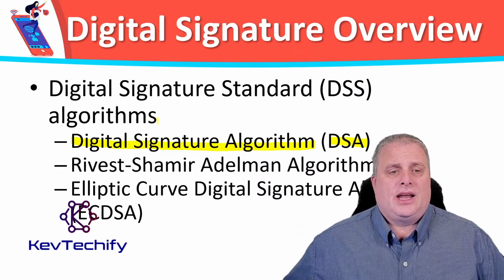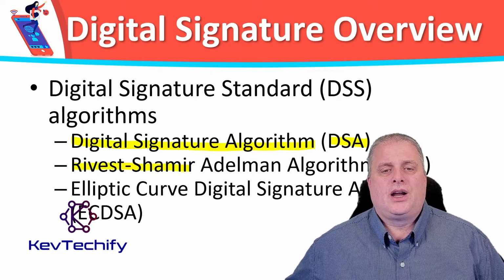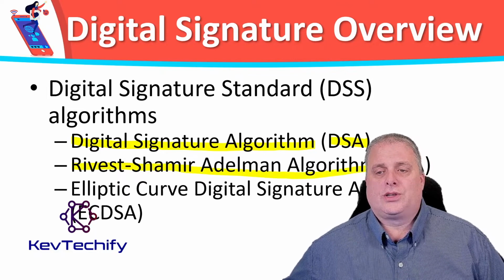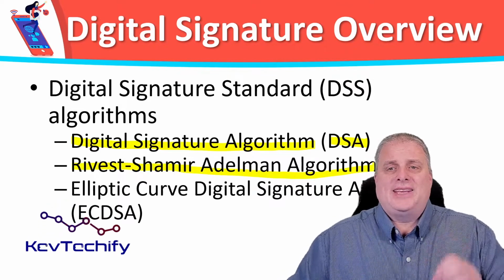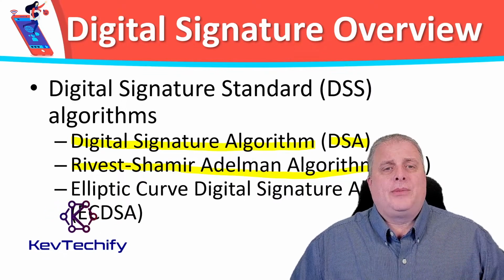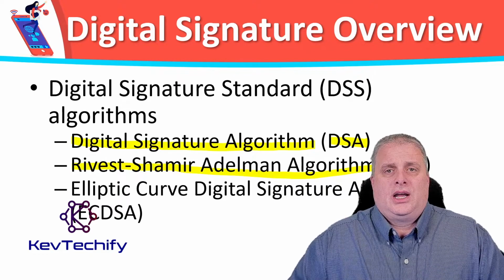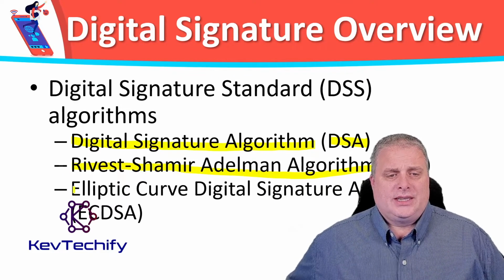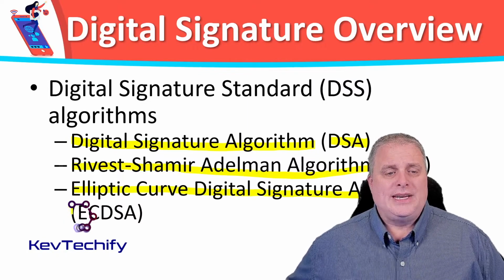The second algorithm is the Rivest-Shamir-Adleman algorithm, also known as RSA. Now, RSA is an asymmetric algorithm that is commonly used for generating and verifying digital signatures. And the third algorithm is elliptic curve digital signature algorithm, or ECDSA.